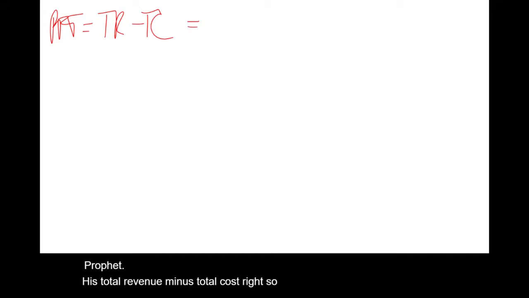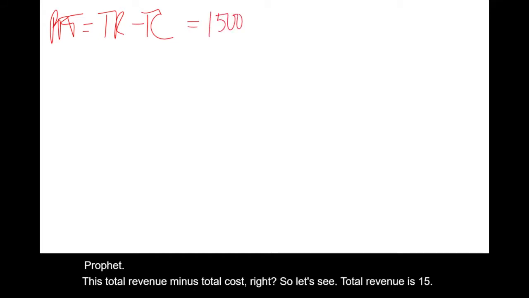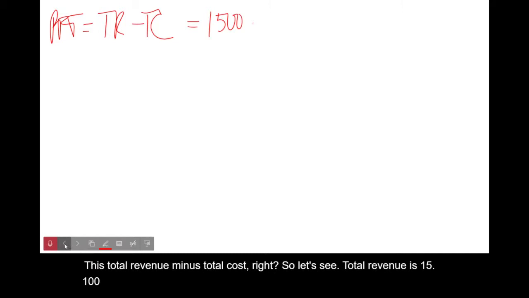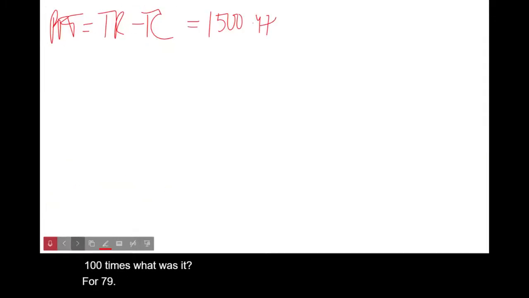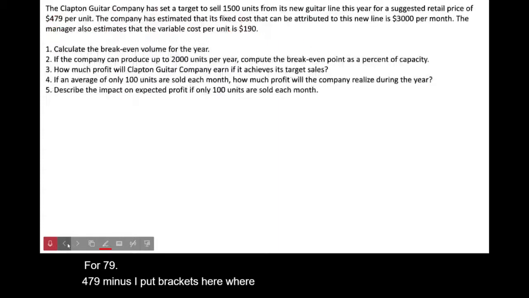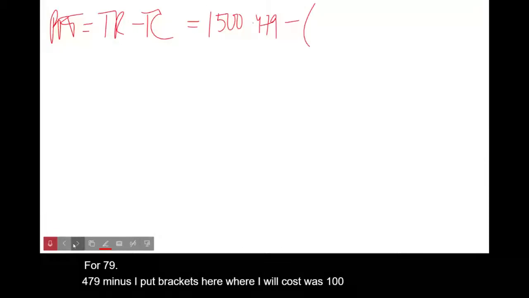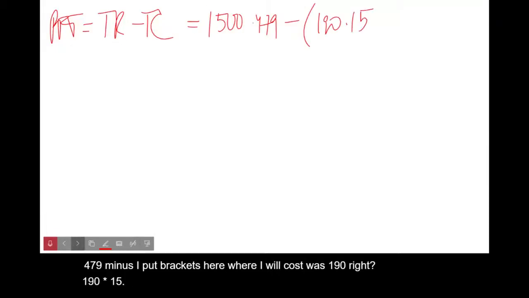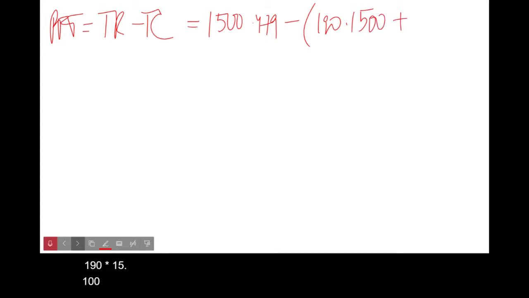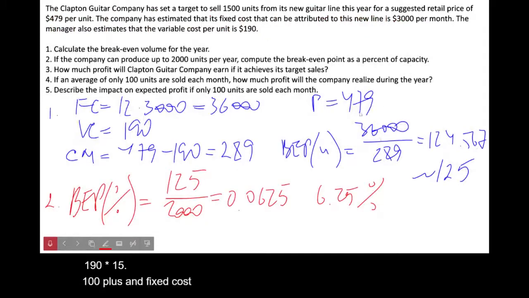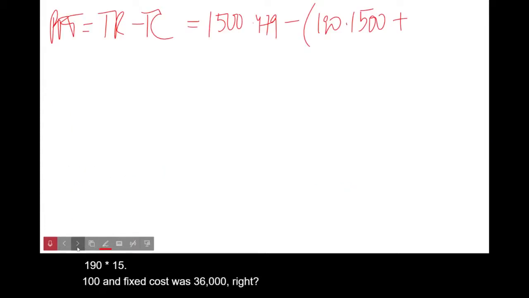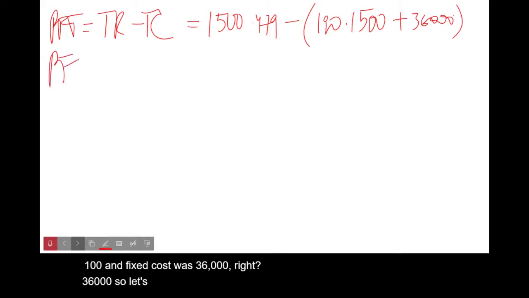So total revenue is 1,500 times 479 minus, I put brackets here, variable cost was 190, right? 190 times 1,500, plus fixed cost, which was 36,000.